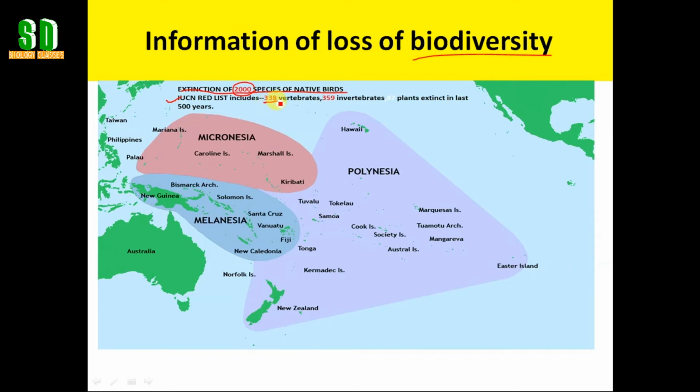It includes 338 vertebrates, 359 invertebrates and 87 plants that got extinct in the last 500 years. Can you imagine that due to our activities, or due to destruction of nature for our own fulfillment, day by day, year after year, the biodiversity is decreasing.